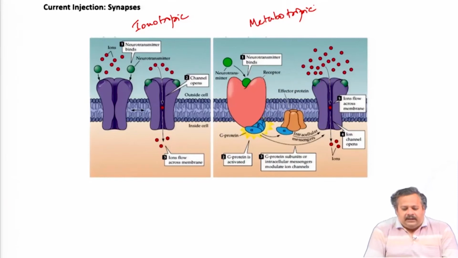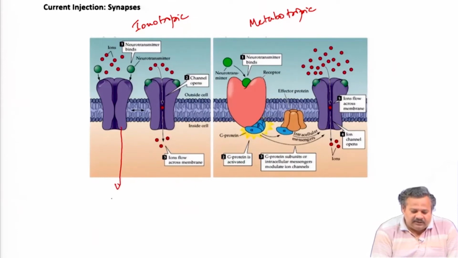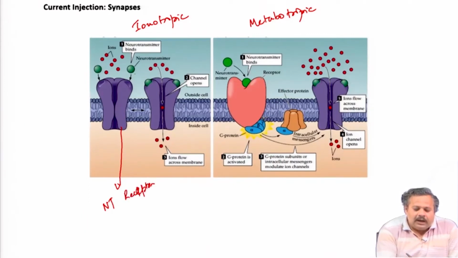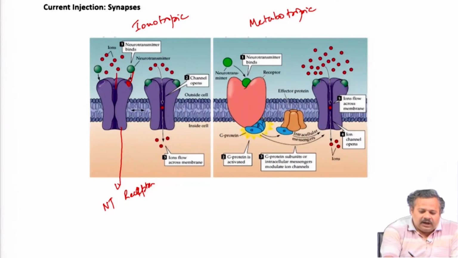What we mean by that is, as shown in the example here, these are the neurotransmitter receptors, and if the neurotransmitter binds to the binding site here, as described with this indentation on the diagram, the receptor opens, and that allows the ions to flow through.